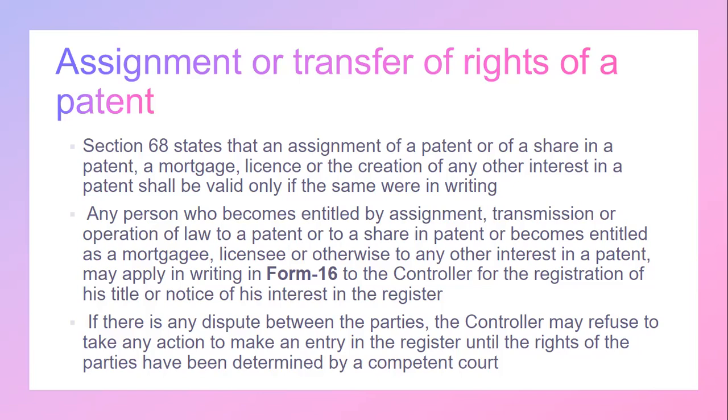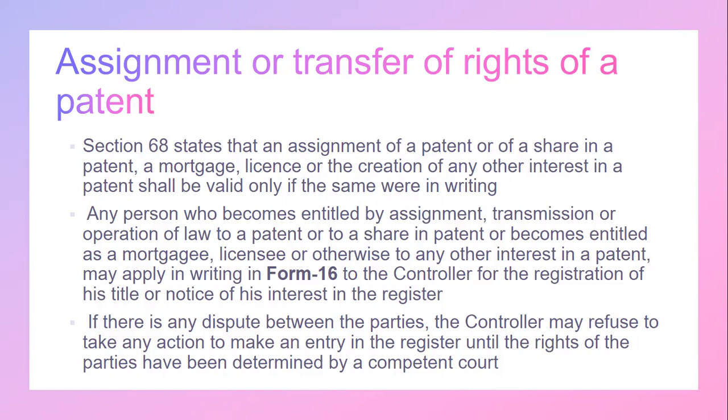Initially that patent, when it was filed and granted, or it was in the prosecution stage, belonged to the startup, right? Now, because this big company is acquiring the startup, it is becoming entitled to all the intellectual property of the startup. So in that case, they are becoming entitled to the patent, right? So they have to apply in Form 16 to the controller, so that an entry is made in the register and the assignment is done in their name.